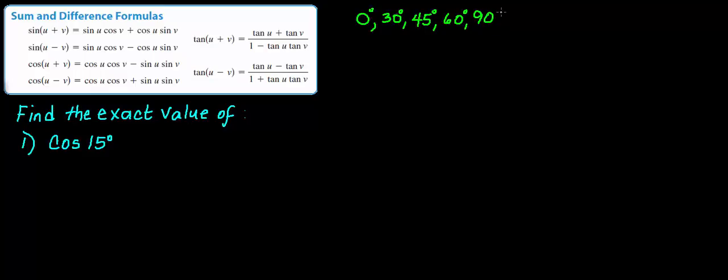We can go a little bit further. After 90, I get 120, and then 135 degrees. And let's go all the way to 180. After 135, I get 150 degrees, and then 180 degrees, and we could go around the whole circle.